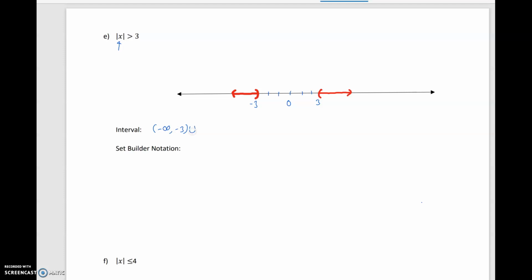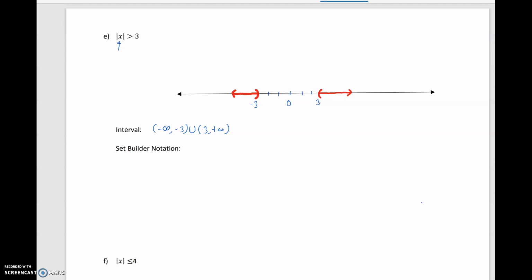Union means there is a gap, and then it continues from 3 towards the positive infinity. So technically, with the interval notation, we're saying there is a gap between these two, and technically you're reading it as a single interval. You're saying all the numbers from negative infinity up to negative 3. There's a gap in between, then from 3 to positive infinity.